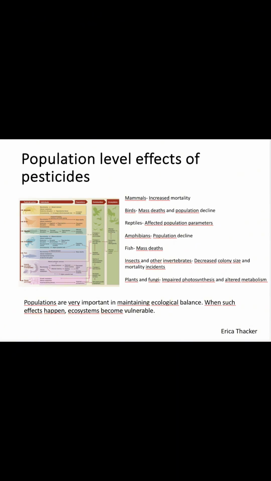birds have mass deaths and population decline, reptiles have affected population parameters, amphibians have population decline, fish have mass deaths, insects and other invertebrates have decreased colony size and mortality incidence, and plants and fungi have impaired photosynthesis and altered metabolism.